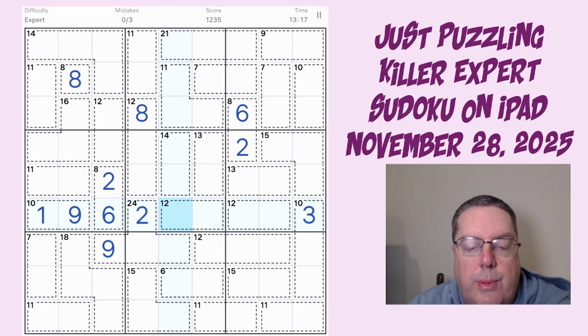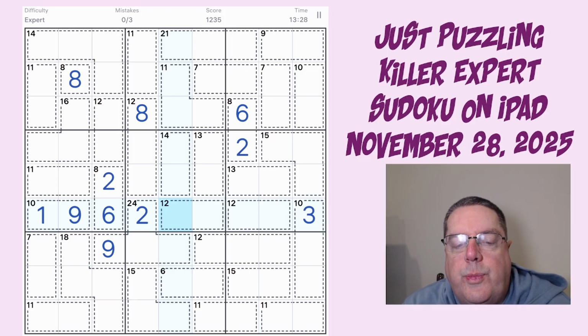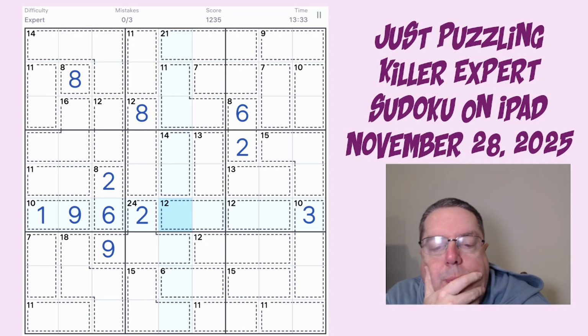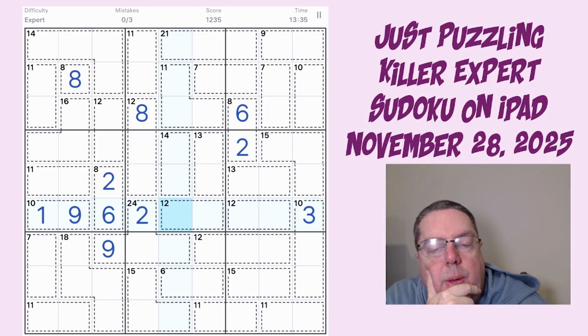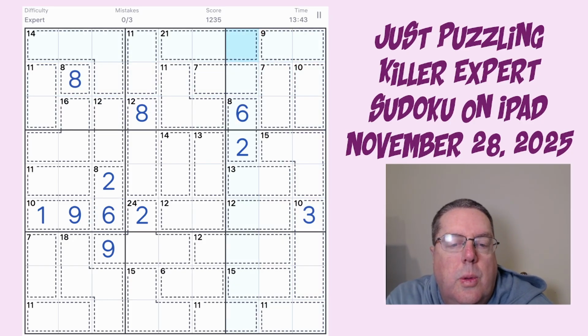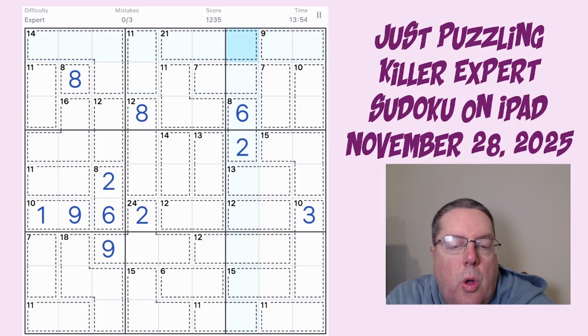So 1, 3, 6, 7, 2. So 2 can be 2, 6. So 10, 19, 25, 32, 13 there. So it can't be a 7 there. So it can be 8 and 5 or 9 and 4.